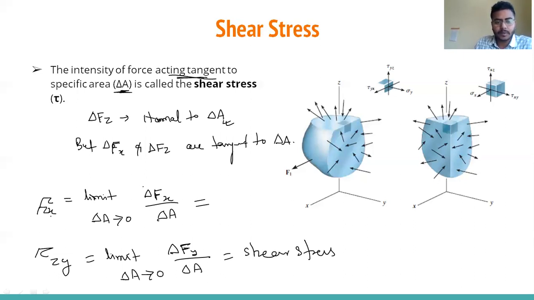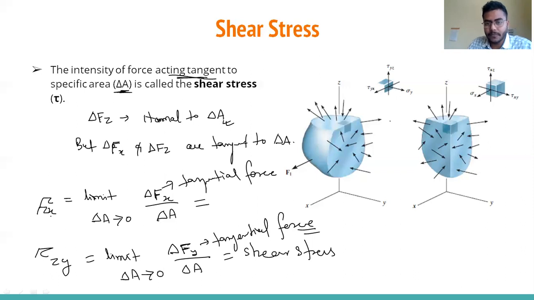For shear stress you have to take the forces acting tangentially on that area and divide by the area. This is the tangential force, and this is also a tangential force.